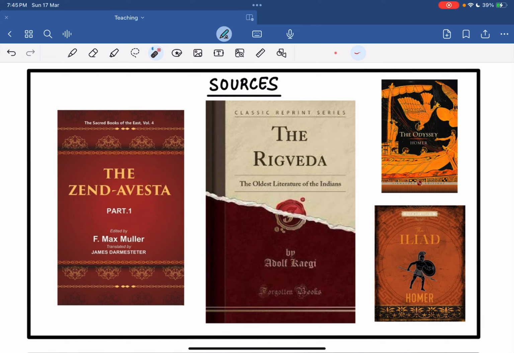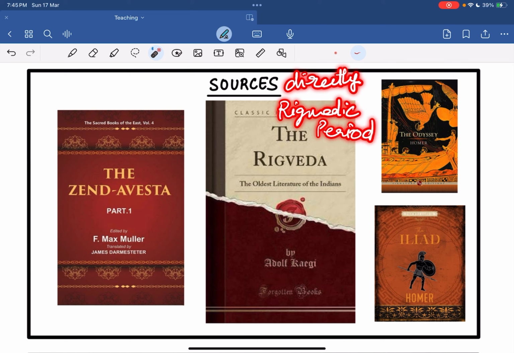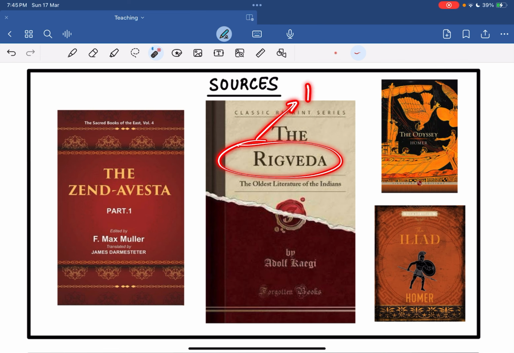When we talk about sources, we know that the Rigveda directly talks about the Rigvedic period. What do we exactly mean? The Rigveda mentions the polity, the political setup. It specifically mentions the society that prevailed during the early Vedic period.